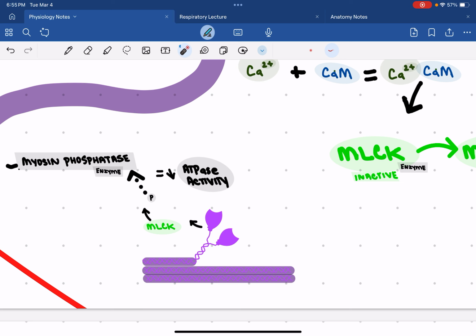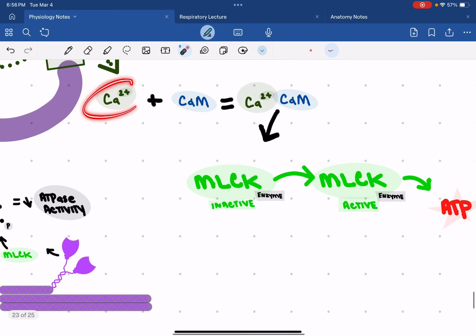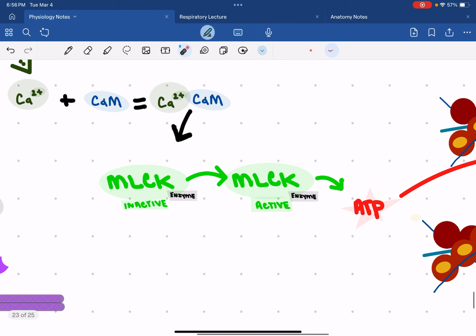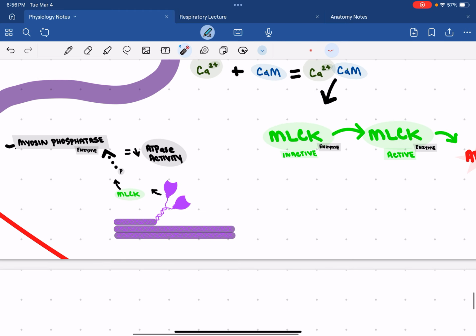This is happening all the time, but because calcium and calmodulin are no longer bonded anymore, this does not trigger the MLCK to be active again. It goes the other way. So instead of inactive to active, it's going active to inactive. This is not affected by this.